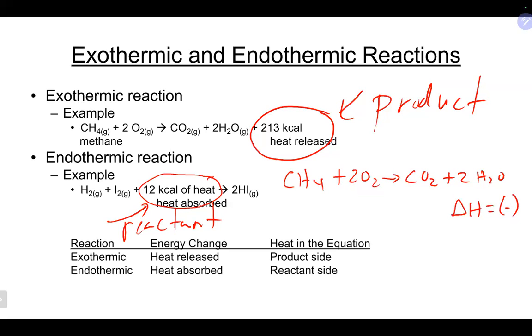So a lot of times they'll just give you the equation, and at the end of it, they'll say the delta H for this reaction is negative 300 kilojoules. And again, the number is not really important. It's the negative part that's important. As soon as you see the negative, you'll know it's exothermic. Or they may say in this reaction, the delta H is positive 300 kilojoules. Again, the positive would tell you that it is endothermic. Any questions?